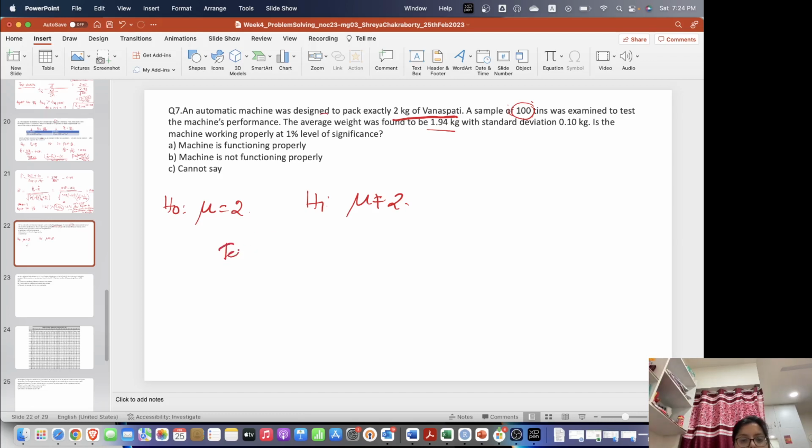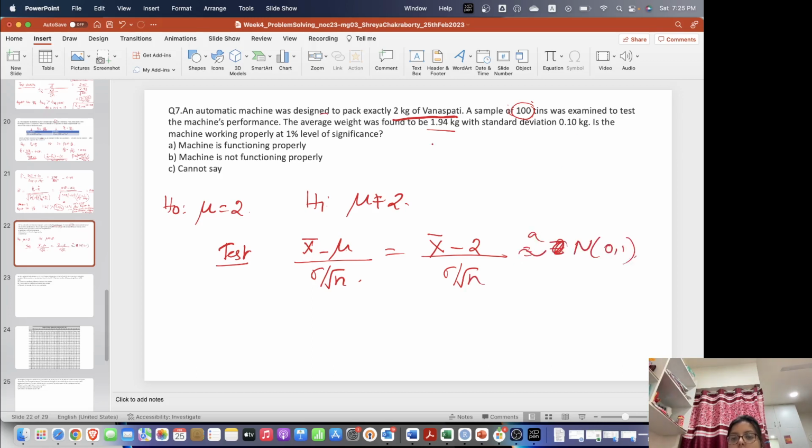So the test statistic is x bar minus mu by sigma by root n. We can assume here the test statistic will be x bar minus 2 by sigma by root n, that would follow a standard normal distribution since the sample size is large.